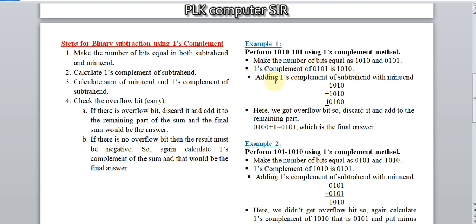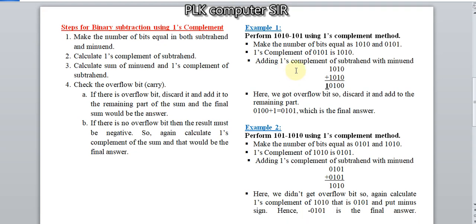Now third step, adding the 1s complement of the subtrahend with the minuend. So the 1s complement of the subtrahend is 1010, and the minuend is here 1010. Okay, so 1010 plus 1010, you will get 10100.